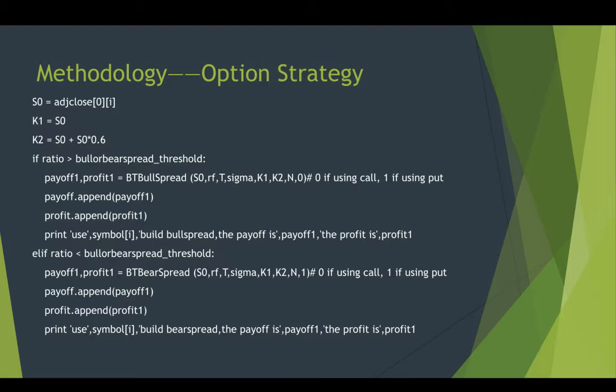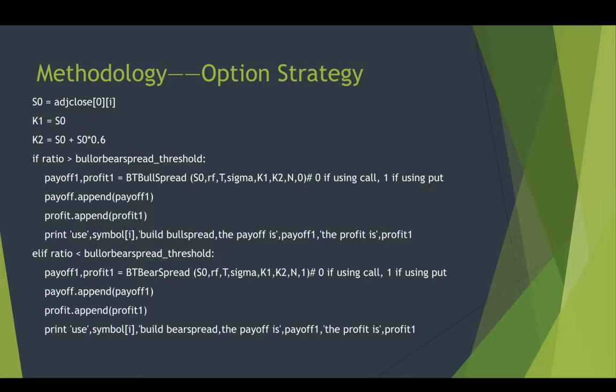And here is our main function. We saved the code that calculates the payoff and profit of the option strategy in two functions. Here are the BT bull spread function and the BT bear spread function. And the last parameter is equal to 0 if we use call options, and is equal to 1 if we use put options.